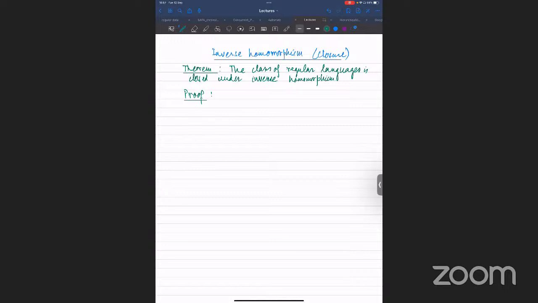Closed under inverse homomorphism. Right? So you have an H from sigma star to gamma star.